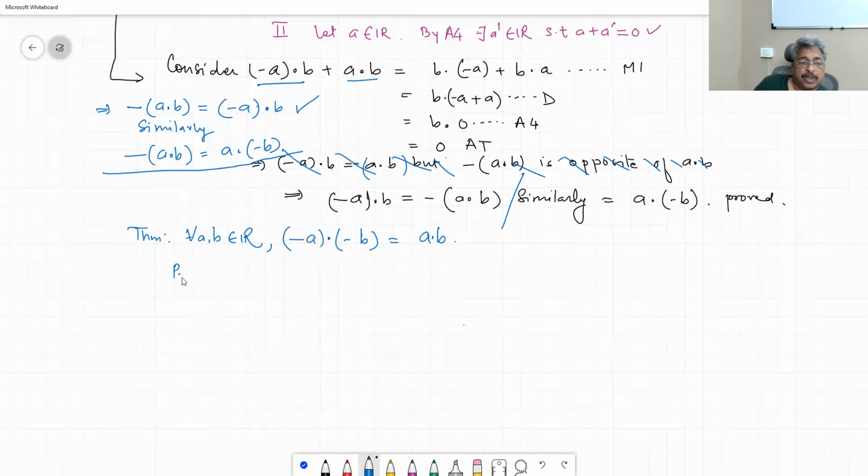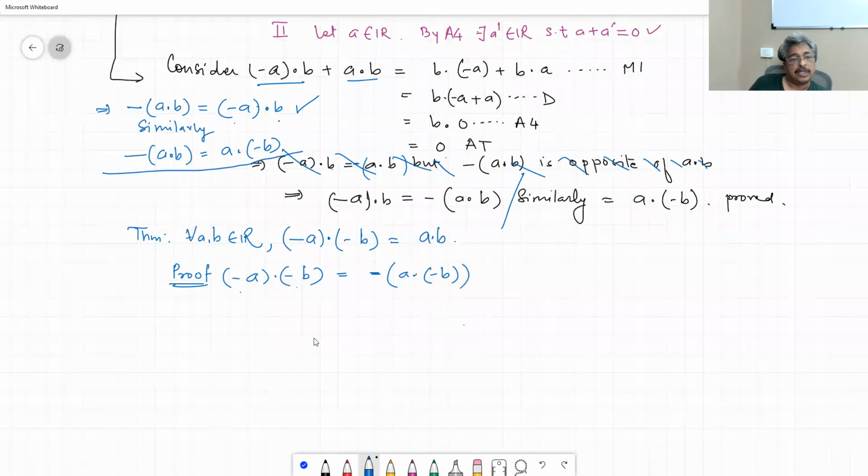So by previously proved theorem, opposite of A into opposite of B is equal to, suppose I am using this result, opposite of A into B. So my B is opposite of B. Opposite of A into B is equal to opposite of A into opposite of B. Is that right? Yes.